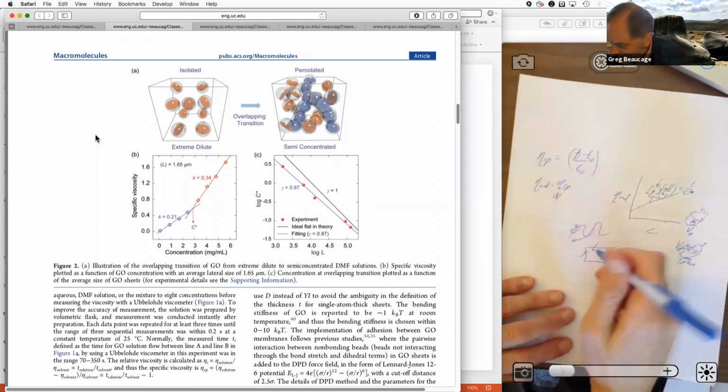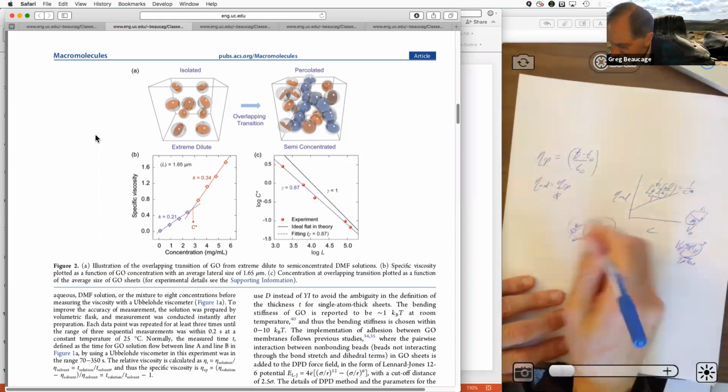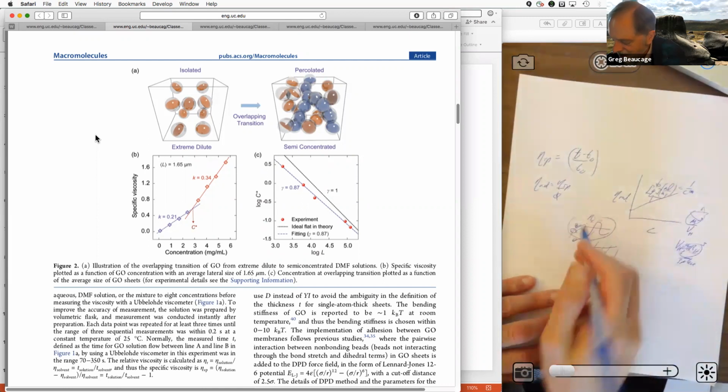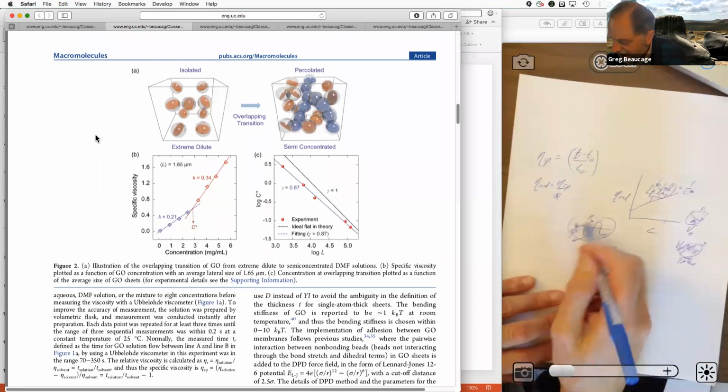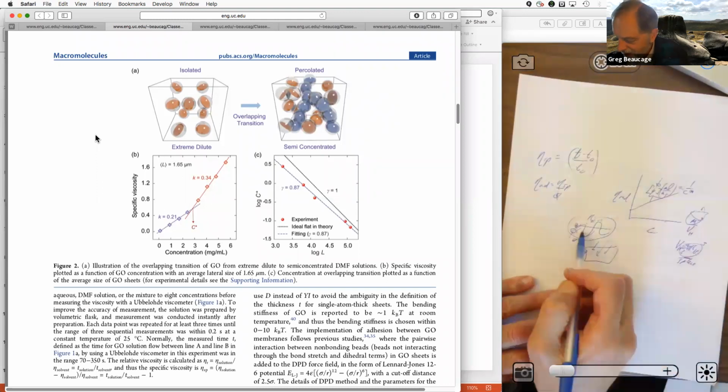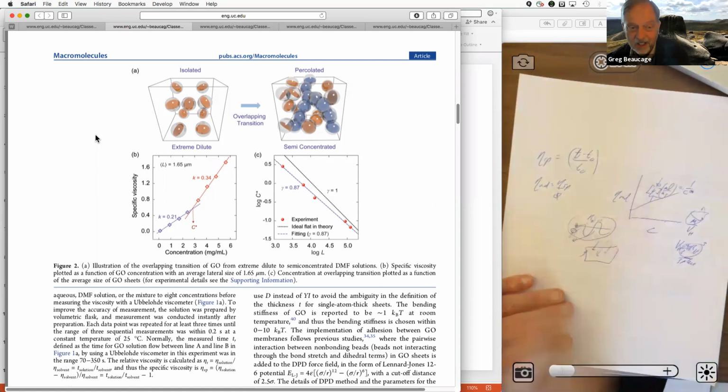If the solvent hooks to it, so it carries all the solvent with it, then it can be the end-to-end distance. So there's a pretty big difference between the diameter of a chain and the end-to-end distance. They're going to be like 1 or 2 orders different in size, right? So the hydrodynamic radius can be a lot of different things depending on how the solvent interacts with the polymer or with the graphene sheet.